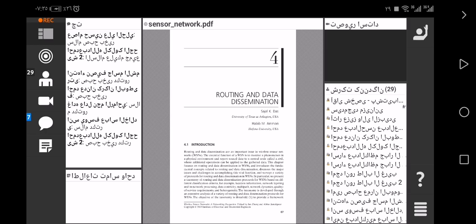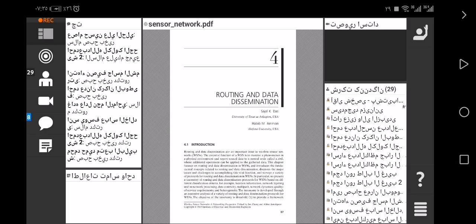The essential function of WSN is to monitor a phenomenon in a physical environment and report sensed data to a central node called a sink or base station, where additional operations can be applied to the gathered data.